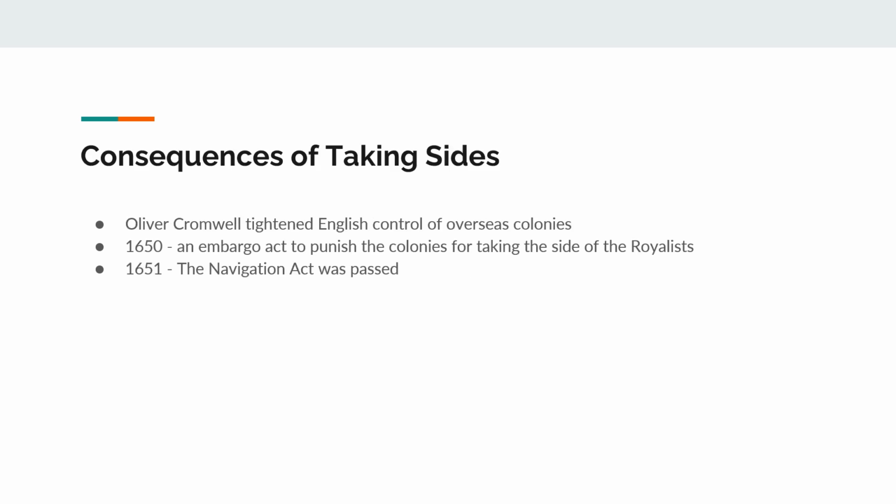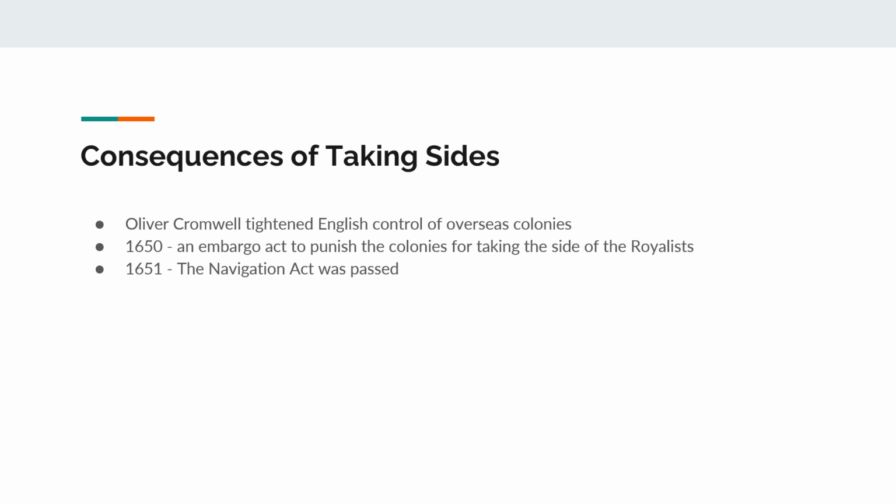And one of the consequences of the colonies starting to outwardly take sides in the conflict is that Oliver Cromwell, who held the reins of power in England, he starts to tighten English control of the overseas colonies. And that's an important step because up to this point, not much of it had really been governed by any type of central governmental authority in England.